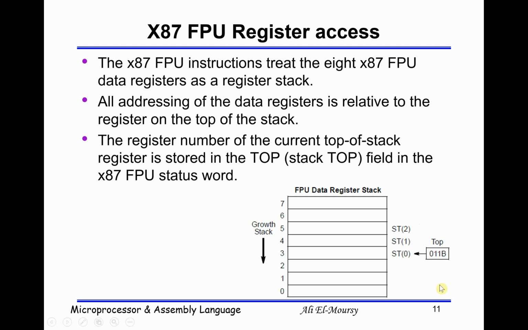You just access it by indicating st0. If you want to mention the second register of the stack, you will mention st1, then st2, and so on. The register number for the current top of the stack is stored in what is called TOP, which exists in the status register, as we will see shortly.